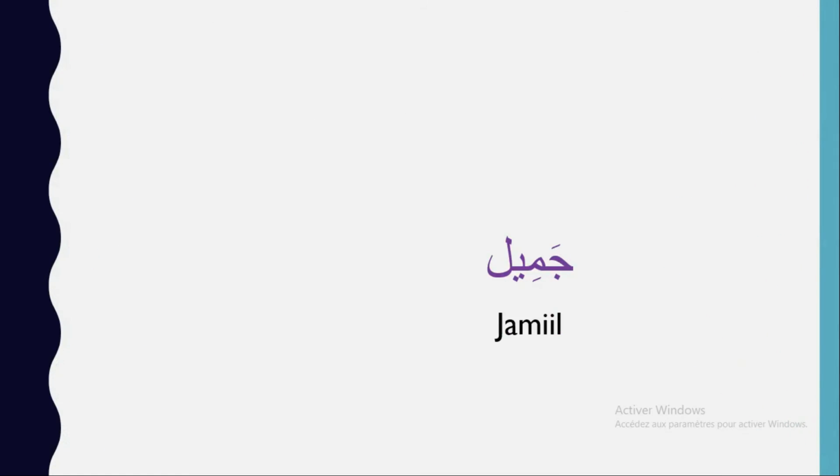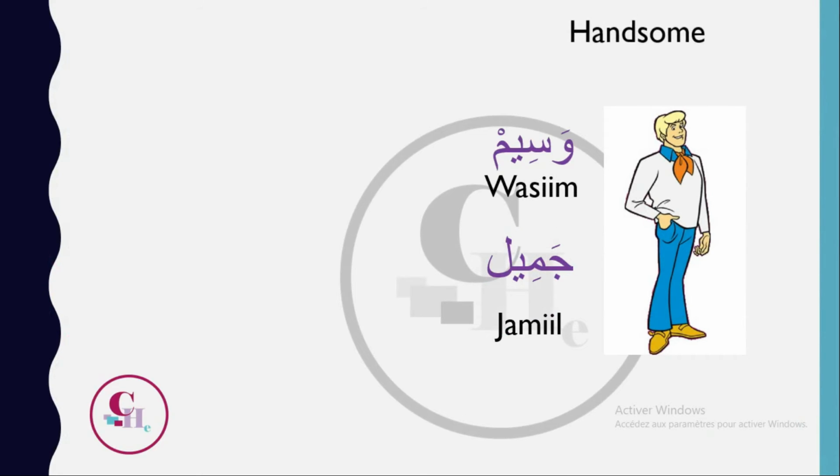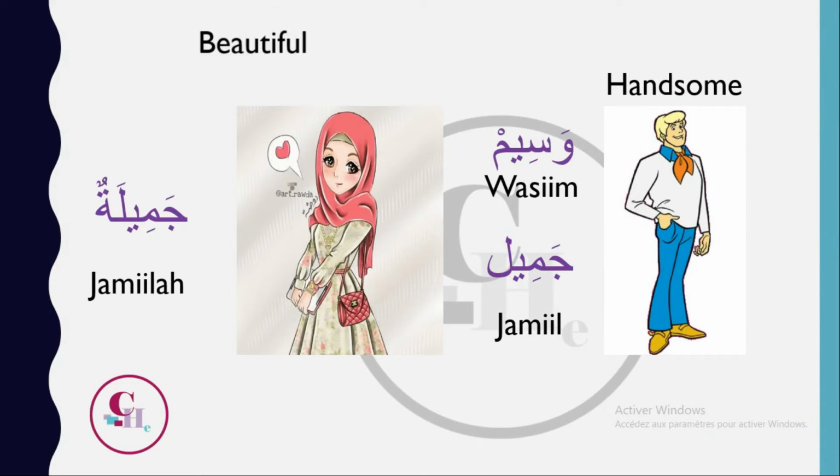Let's take an example here. Handsome, wasim, and beautiful, jamila. As you can see here, we can use jamila and remove حرف التاء to change the form to masculine.